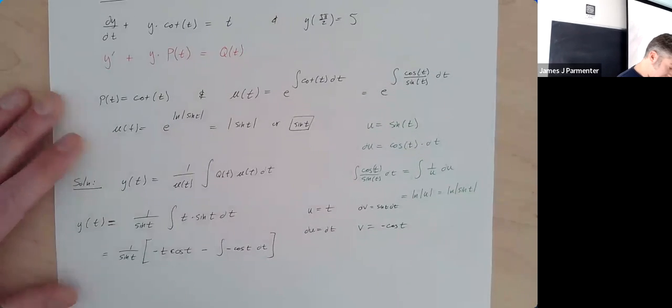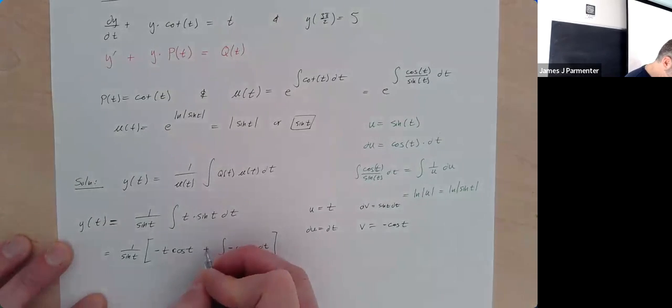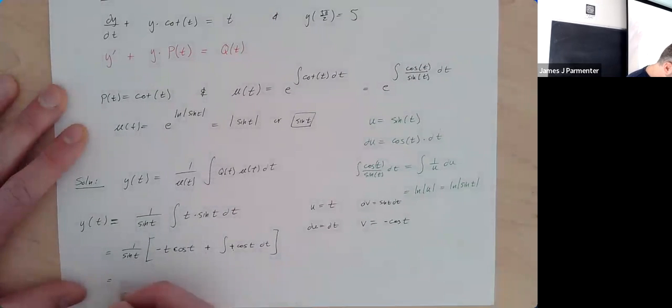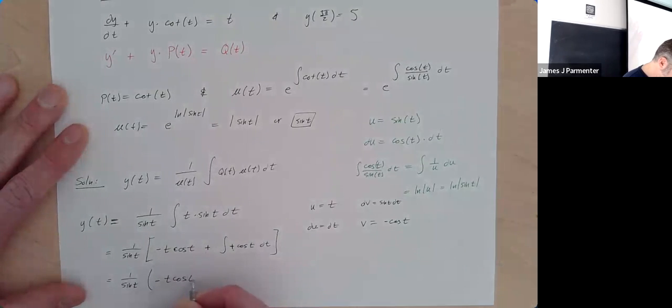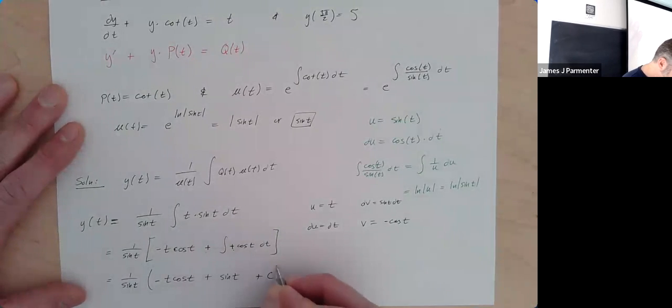Now, if it were me, which it is, I would see a minus and just make those both pluses. So plus, and then we're going to write this as 1 over sine of t times negative t cosine of t plus the antiderivative of cosine, which is just sine of t, plus c.